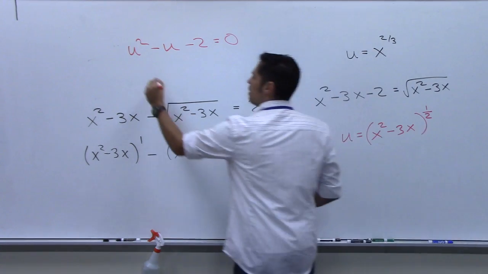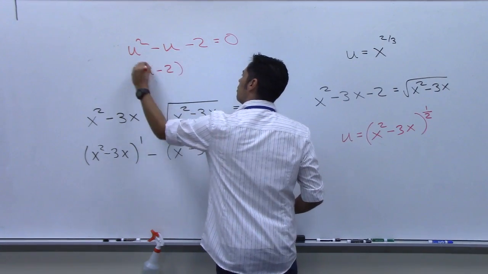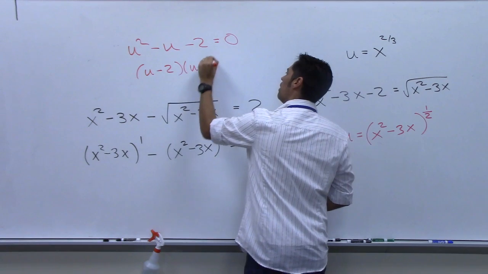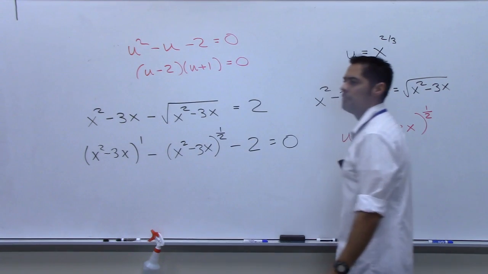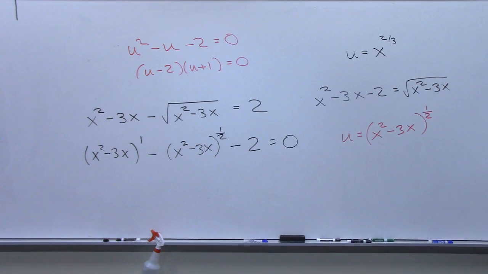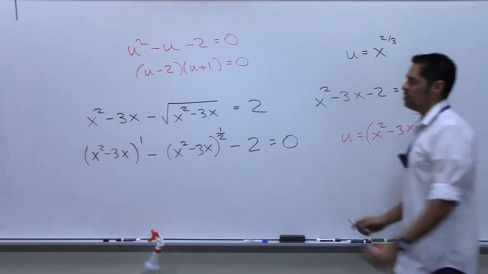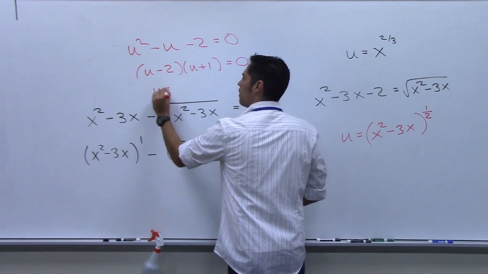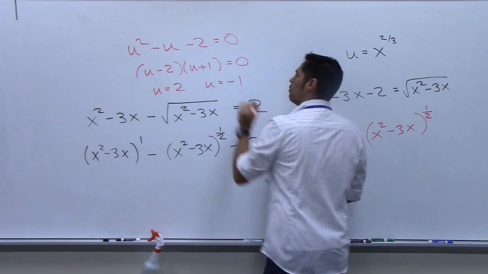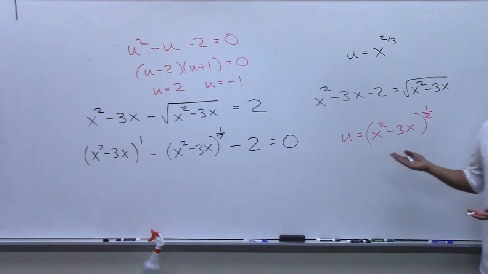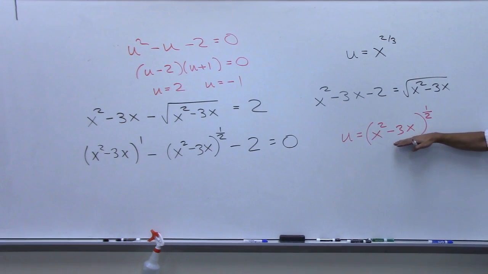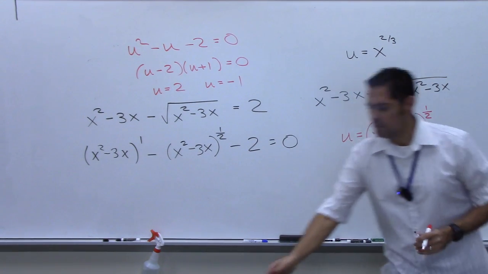And then this becomes u minus 2, u plus 1 equals 0? Looks like I'm taking this the whole way. What are my 2 answers here? 2 and negative 1. But what was u? This right here, right? So you ready to substitute that back in?